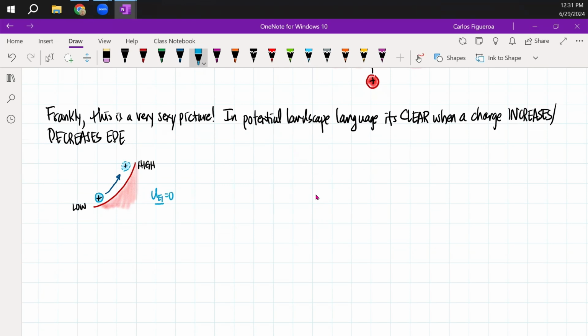Then the work goes in, and what does it do? It increases its potential energy to a higher value. So in this case, going uphill is an obvious increase in electrical potential energy.